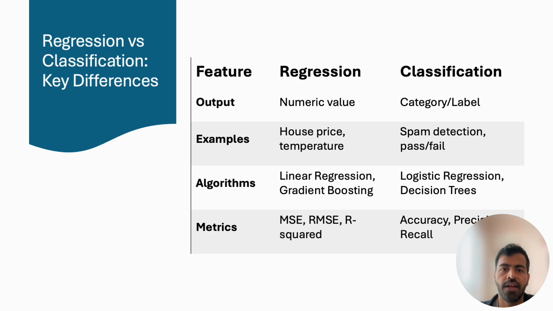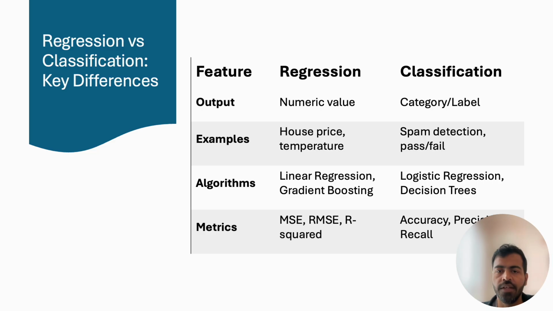So let's understand the differences between regression and classification. Although regression and classification are both supervised learning approaches, they differ fundamentally in their objectives, output types, and evaluation metrics. Regression predicts continuous numeric values, making it ideal for forecasting and estimation tasks.